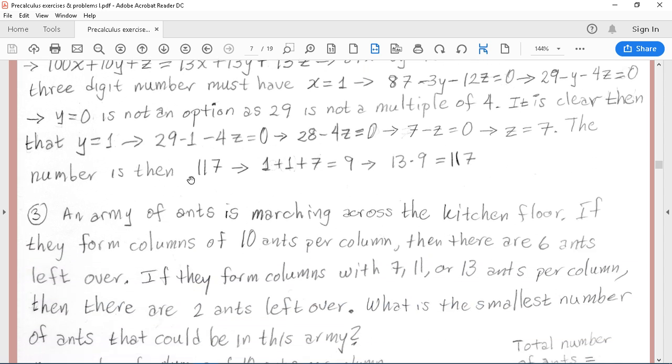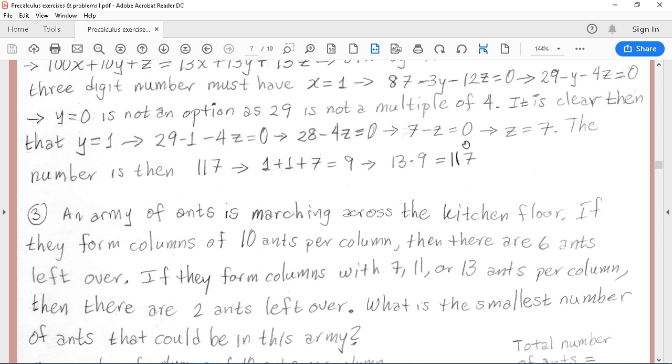Now if we add up the digits, 1 plus 1 plus 7 equals 9. And 13 times 9 is equal to, well, 9 times 3, 27. We have the 7. We carry the 2. 9 times 1 is 9 plus 2 is 11.